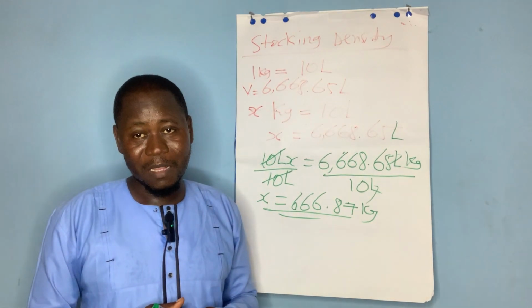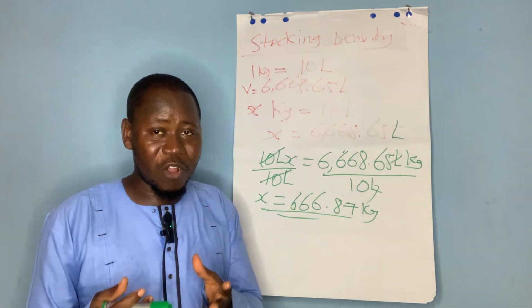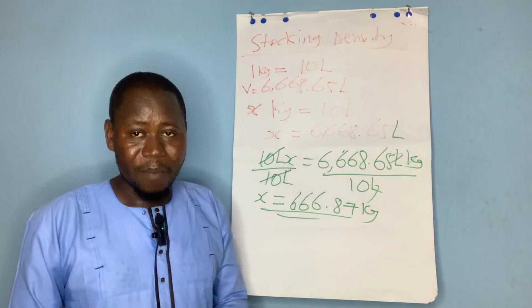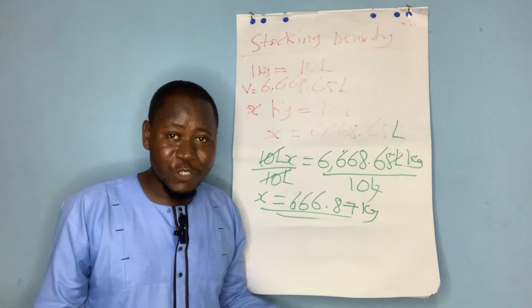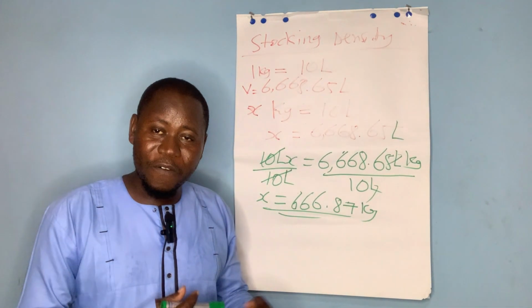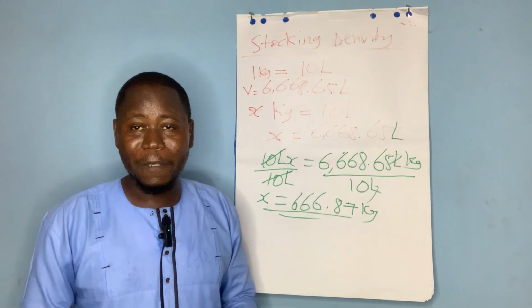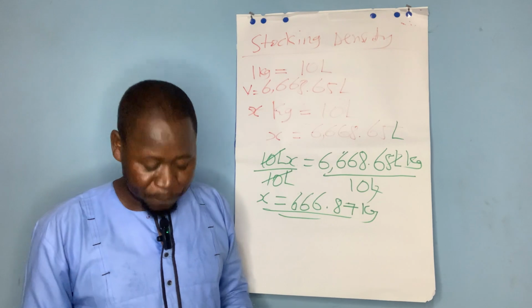The person selling wants to make money, and probably the pond cannot hold 1,000 fish, but he can convince you that you can stock that way. Later you will find out that your fish are not growing well, your fish are dying, and your water, when you change it, gets dirty again in a short time.